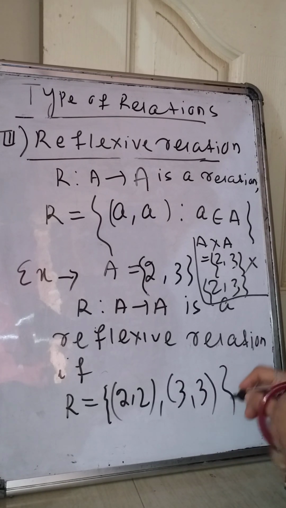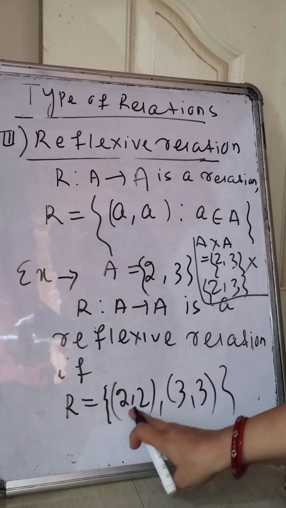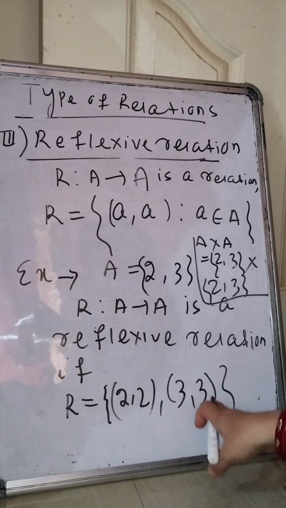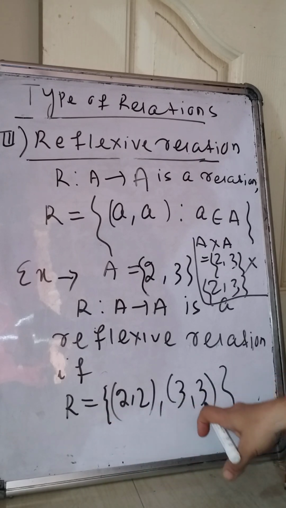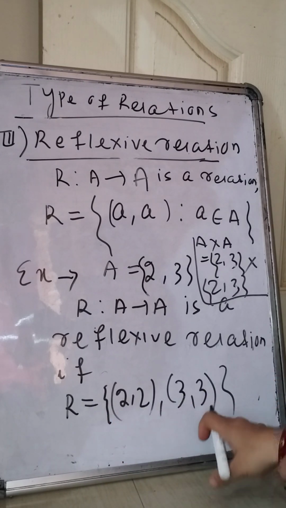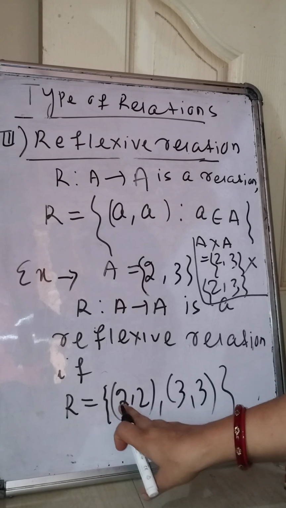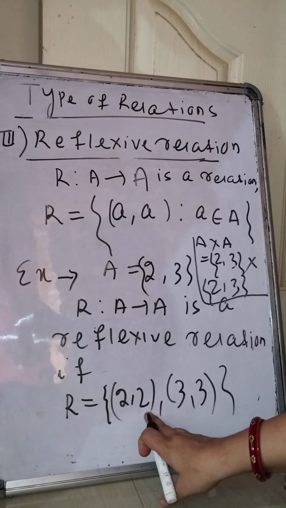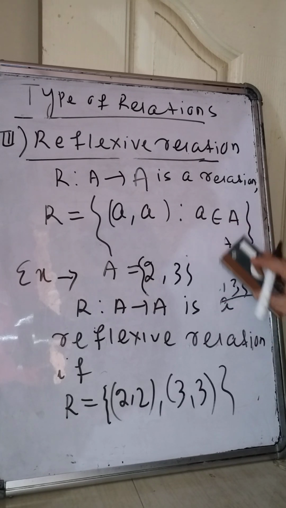That means each individual element is related to itself: 2 is related to 2, 3 is related to 3. So only these two ordered pairs you can consider in this case. If R is only these two ordered pairs, in each ordered pair the first element is related to the second element, so this type of relation is reflexive relation.